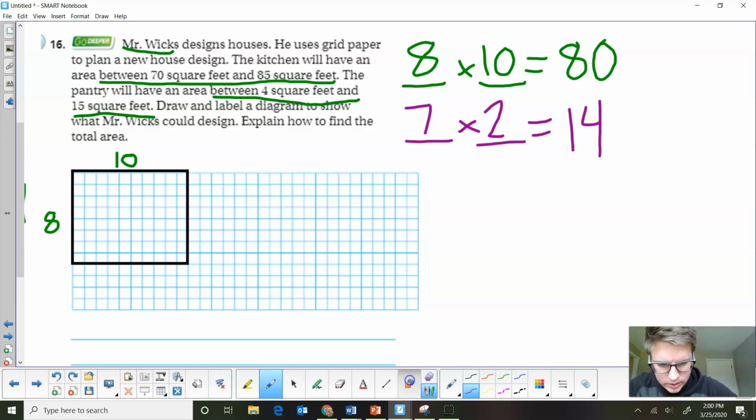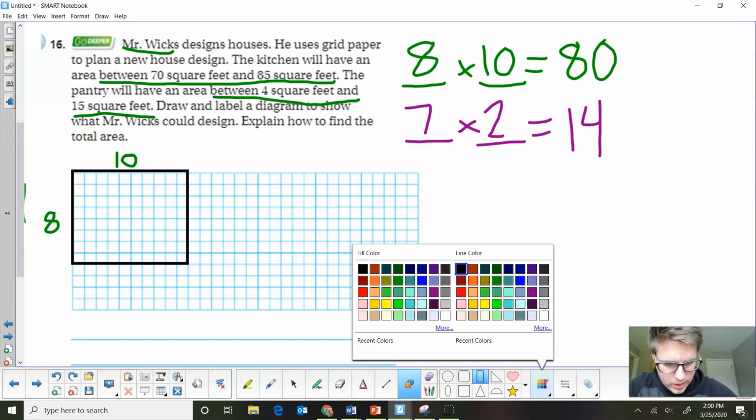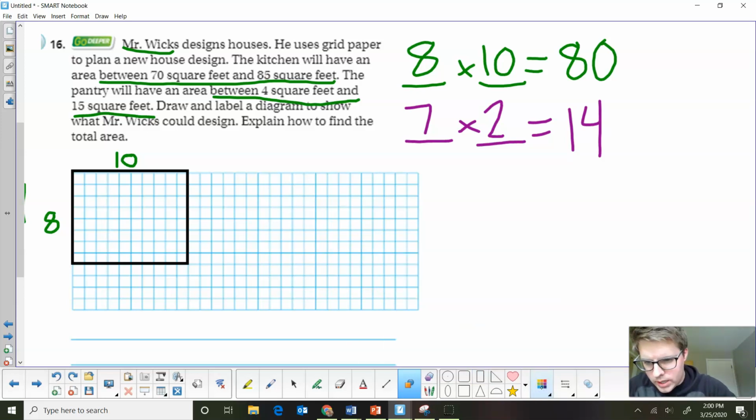So let me just take my colors here, and I'm going to make my pantry purple because purple's awesome. And it's going to be 1, 2, by 1, 2, 3, 4, 5, 6, 7. This is a huge pantry. We're going to be able to store so many things, guys, in this pantry.